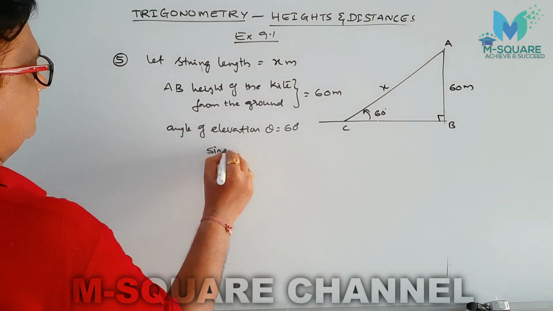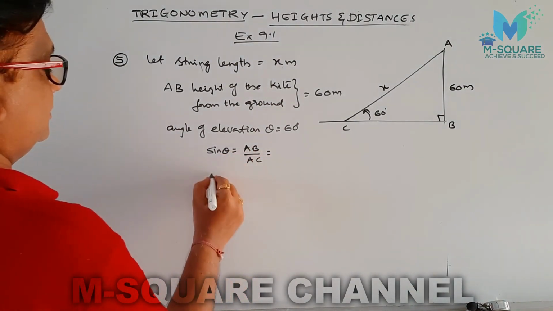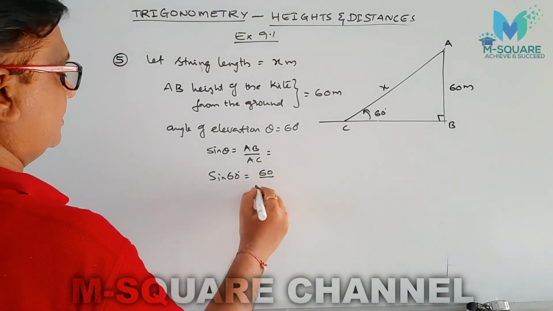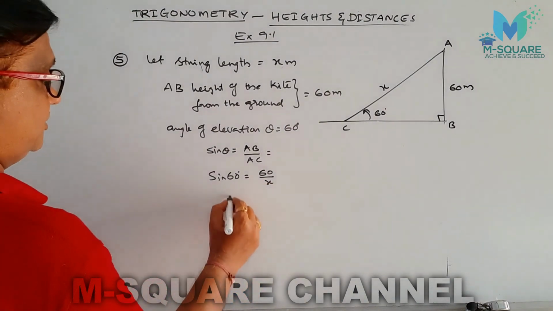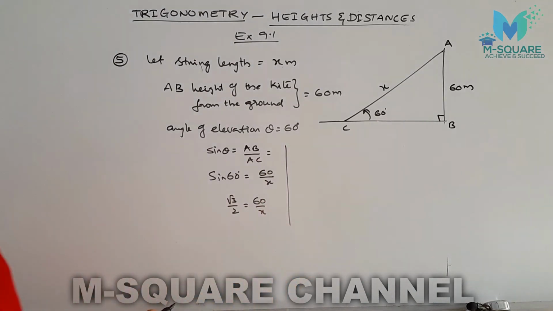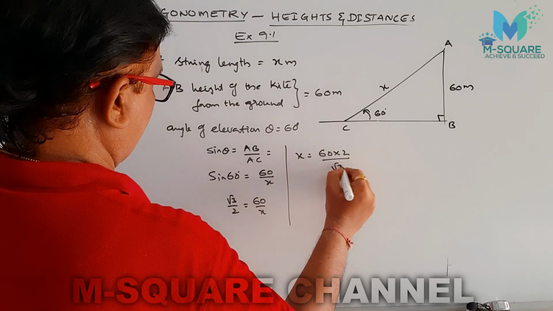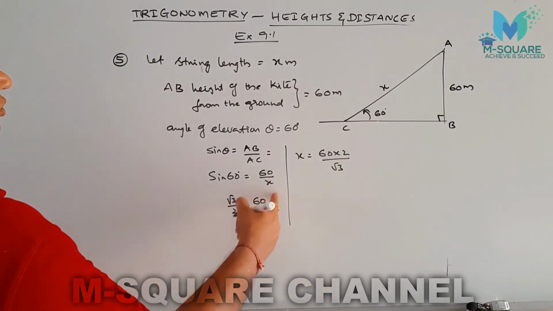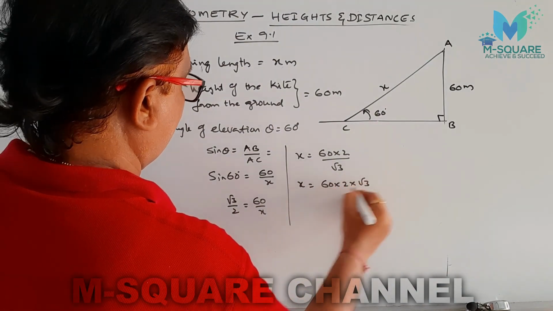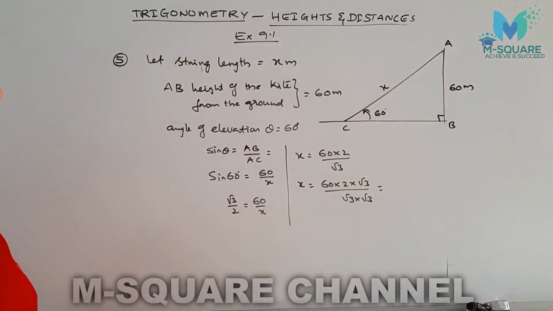So sine theta equal to AB by AC. So sine 60 degrees equal to 60 by x. Sine 60 means root 3 by 2 equal to 60 by x. So x equal to 60 into 2 by root 3. After transposing, this root 3 comes here, 2 goes to the other side. So x equal to 60 into 2 into root 3 by root 3 into root 3. That is rationalizing we are doing.